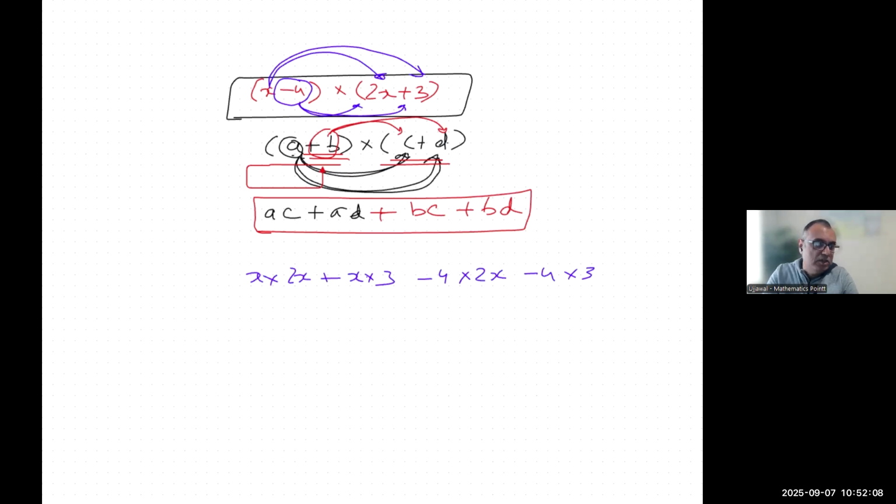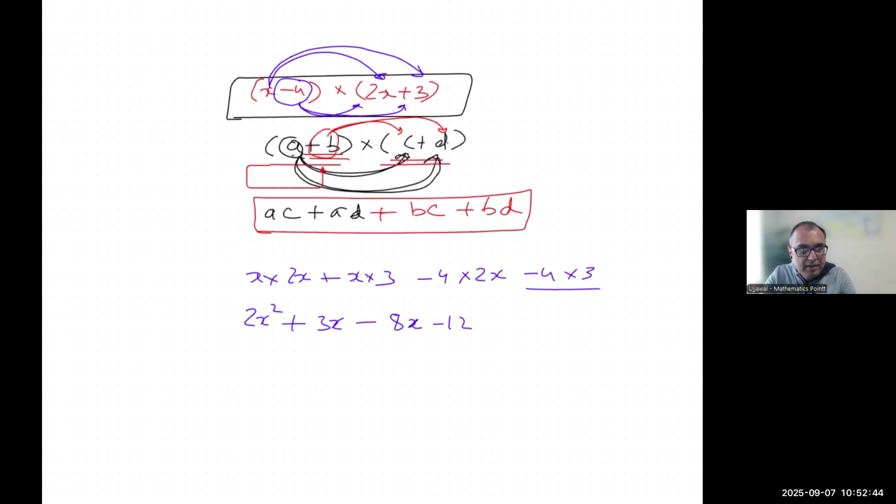So the final answer is going to be 2x square plus 3x minus 8x, and this is minus 12. And now it doesn't stop here. You've expanded it, but you still need to collect the like terms.